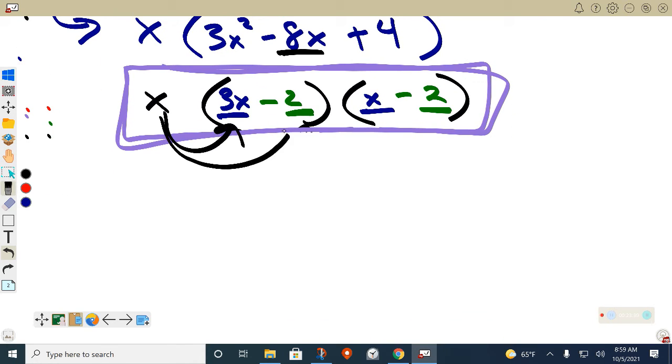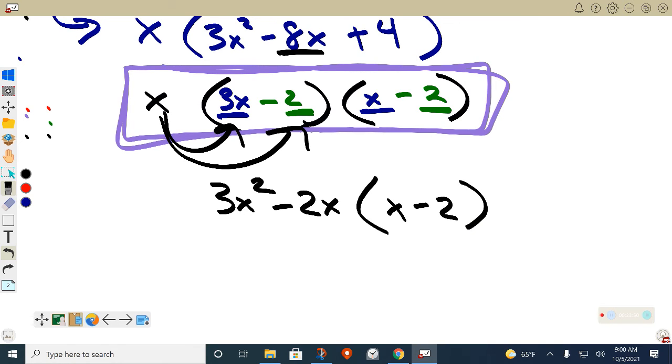X times 3x, x times -2, let's see. X times 3x is 3x squared. X times -2, -2x. Times x minus 2. Okay?